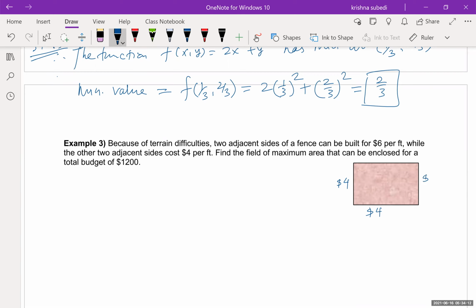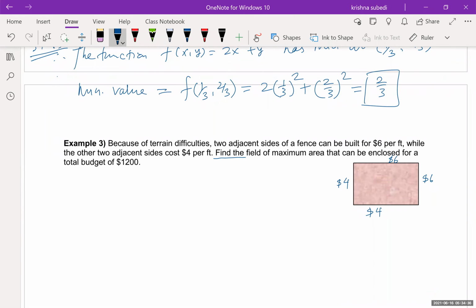If this costs $6, then this costs $6, or the other way around. It doesn't matter. All right, that is given.